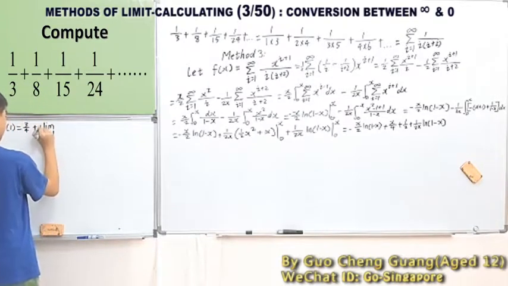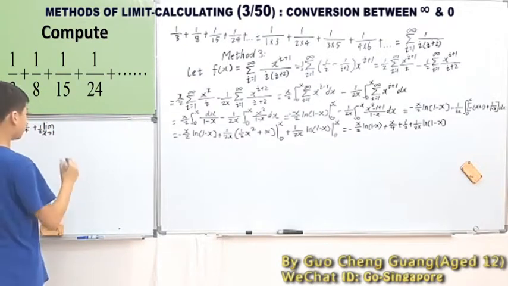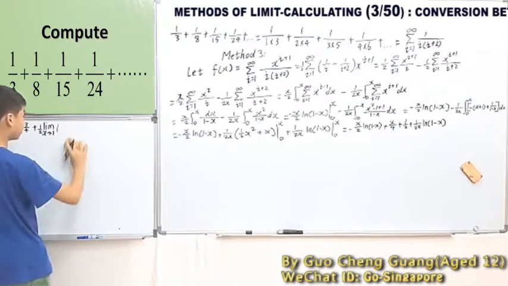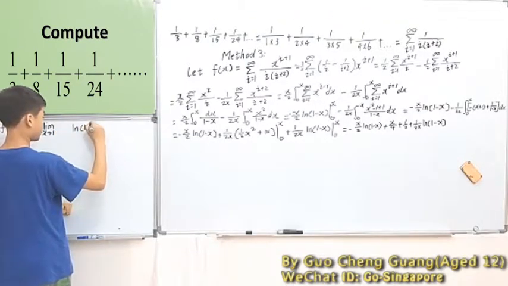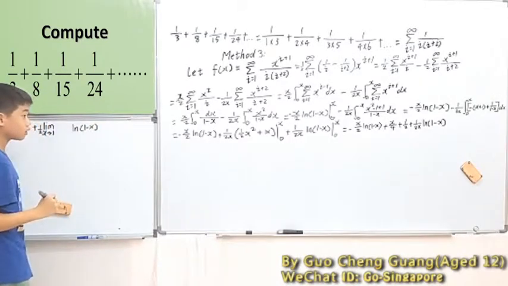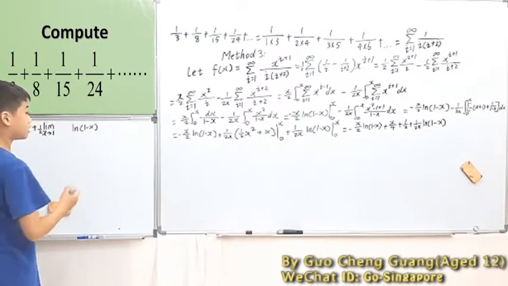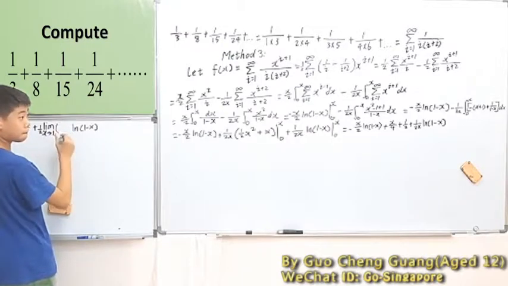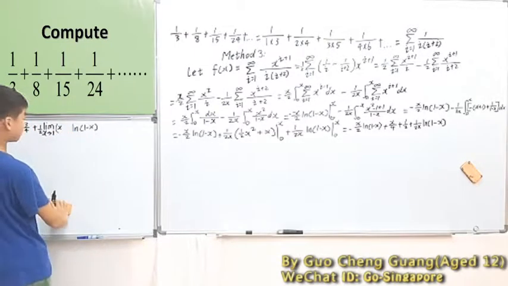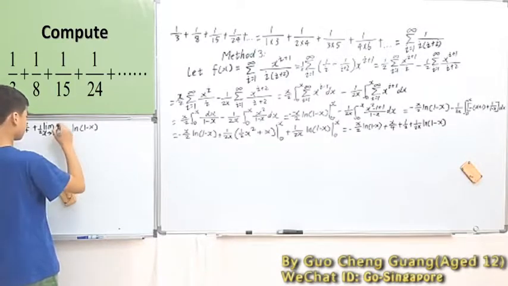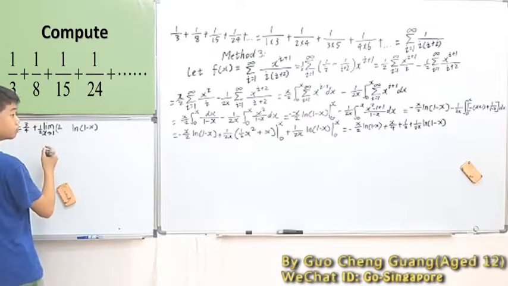For example, half ln 1 minus x. Then what's left is 1 over x.